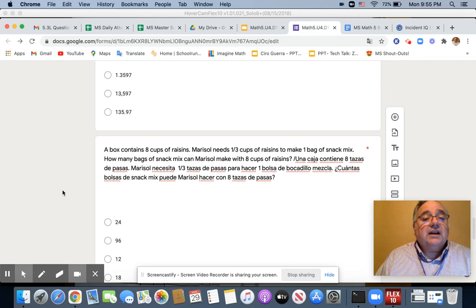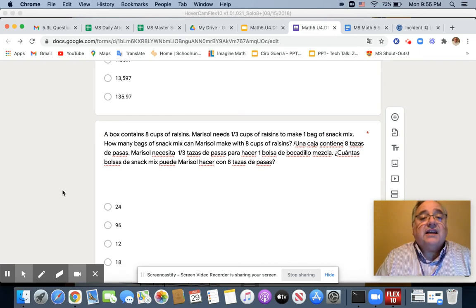The next one we're looking at is a box contains 8 cups of raisins. Marisol needs 1/3 cups of raisins to make 1 bag of snack mix. How many bags of snack mix can Marisol make with 8 cups of raisins?